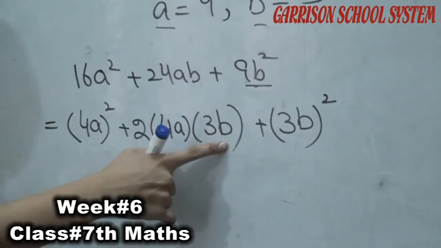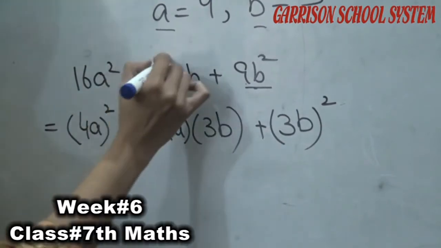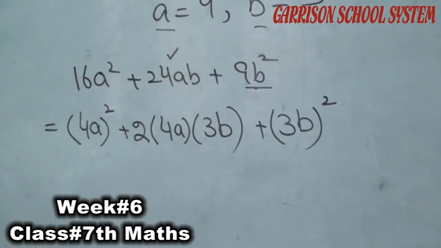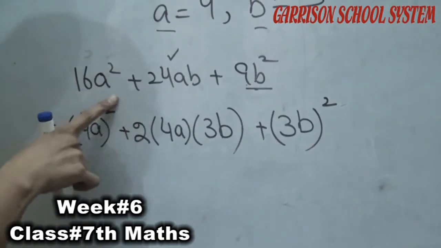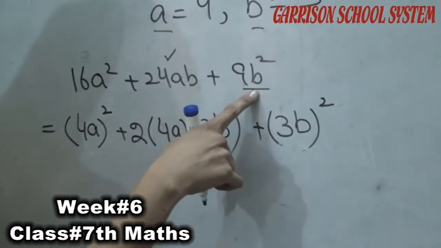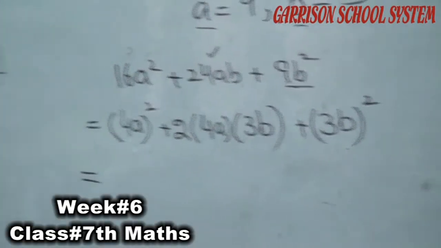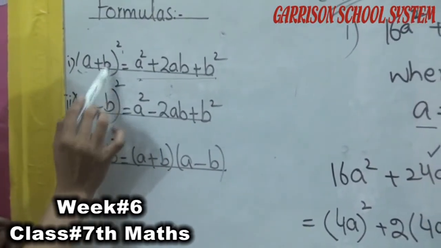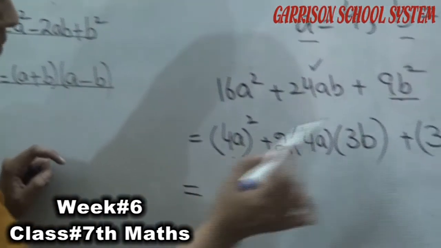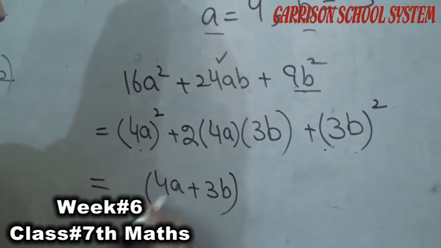If I multiply these, 2 4s are 8, 8 3s are 24ab, it will complete our middle term. 4a square will complete our first term, 16a square, and 3b square will complete our last term, 9b square. Now I have to close it. How will I close it? A plus b whole square means first term plus last term whole square, 4a plus 3b whole square.